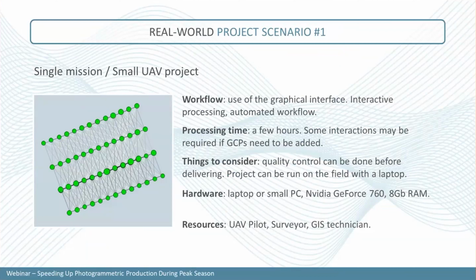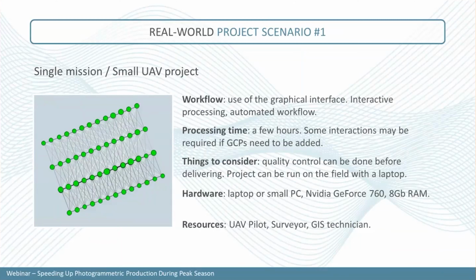Depending on the number of images, it's going to be fairly quick. Let's say you have below 1,000 drone images. You can tackle your project within half a day, and by the end of the day you should be able to deliver the output to your customer. So the processing time, as I said, is fairly quick.